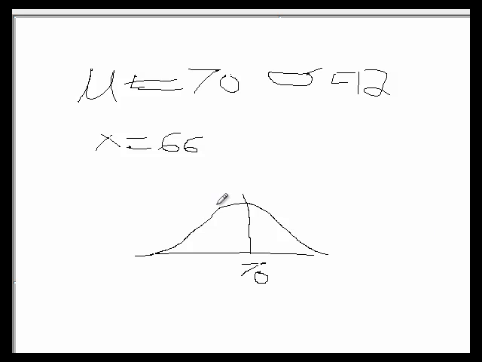So let's put in our 66 also. So we have three areas, A, B, and C. And we're interested in everything above 66, so B and C. The mean is right here, it's 70.